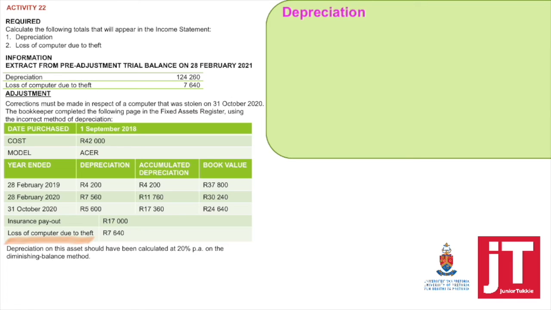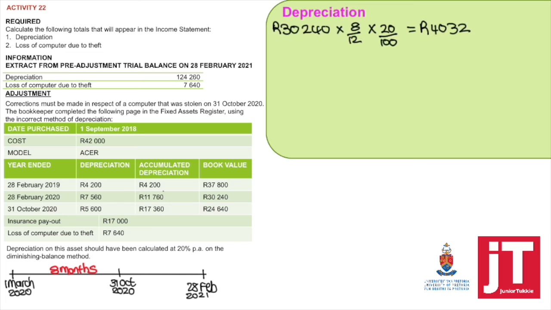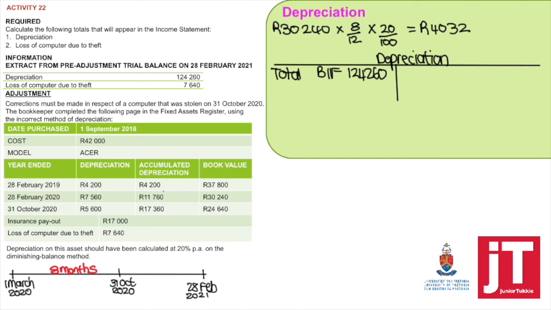So to calculate the depreciation, it should be calculated for 8 months on the book value. This means the book value in the beginning, 30,240 times 8 divided by 12 times 20%. My depreciation should have been 4,032.